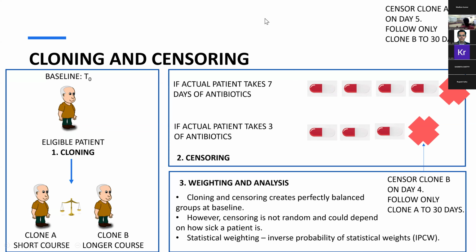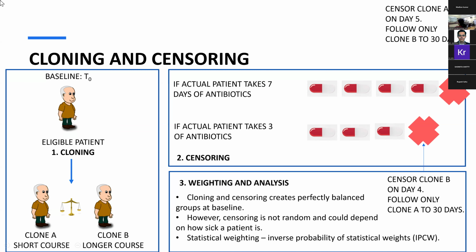Because it is two Amritas, all her baseline characteristics are equal, so they are balanced at baseline. The short course Amrita is going to take treatment only for 3 days or 4 days and stop antibiotic. The long course Amrita will take treatment for 5 days or more.